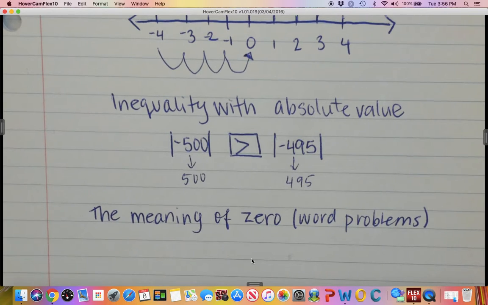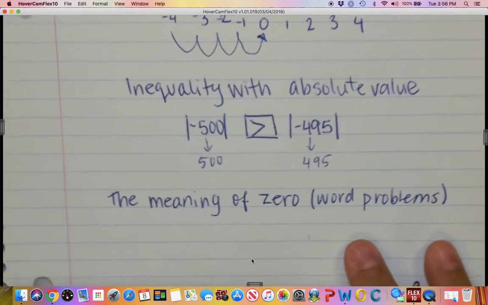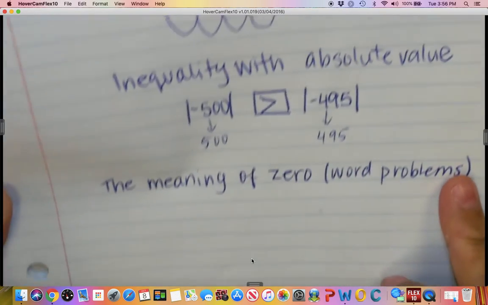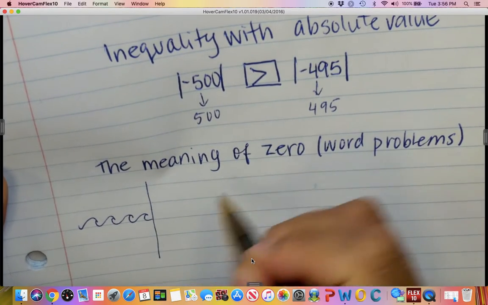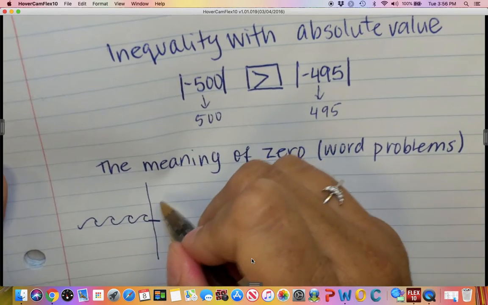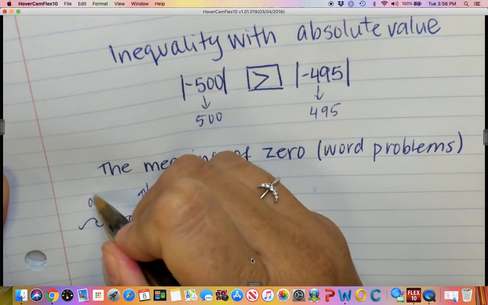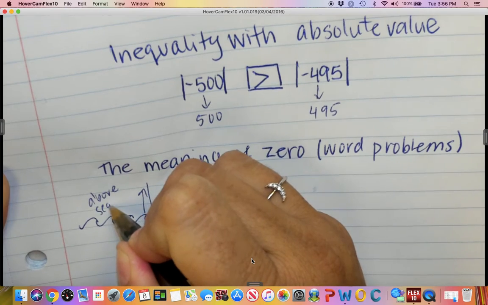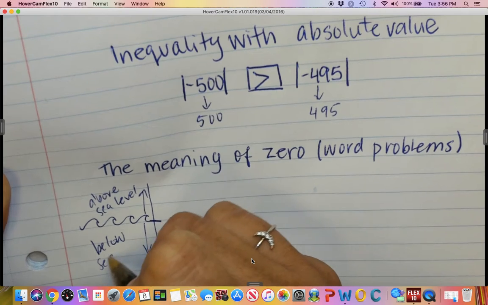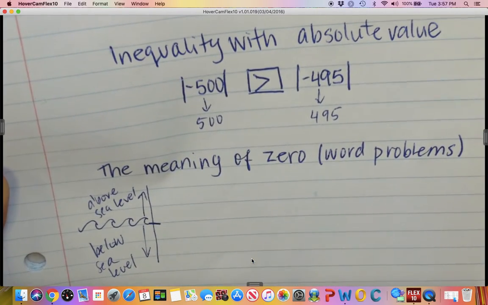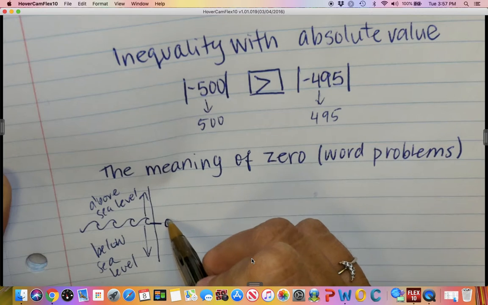If I tell you that sea level is going to represent 0, I'm going to draw you a little picture, and we're going to do a problem like this. So here's my sea level, and I can either go above sea level or I could go below sea level. But sea level is 0.